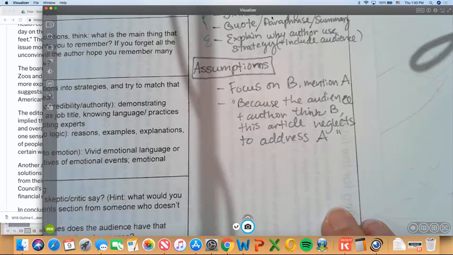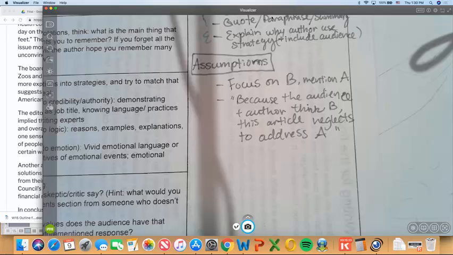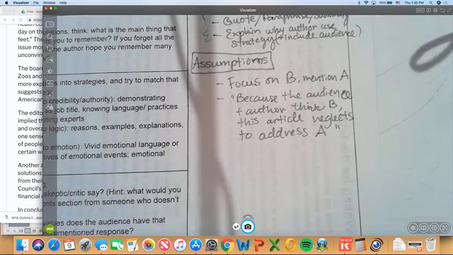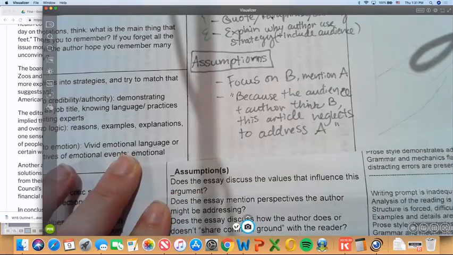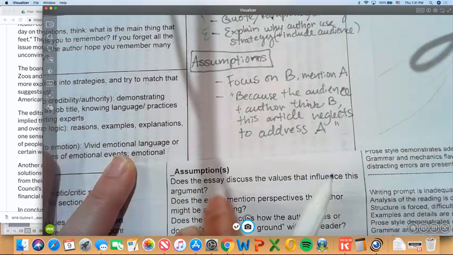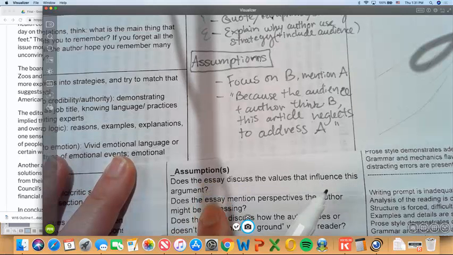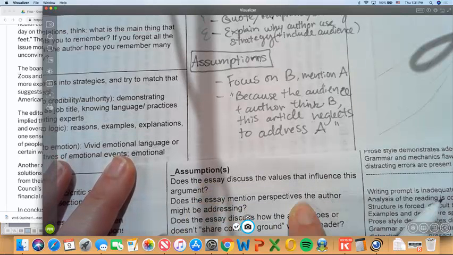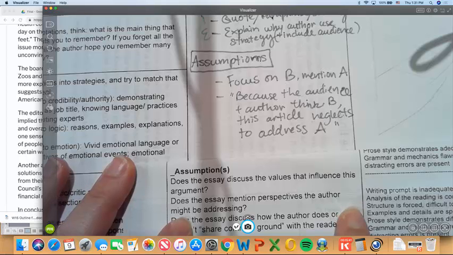Okay, so one thing I want to point out is the sheet that is being used for grading. I left out a very important word, which is right here when you're looking at the assumptions part. You have, does this essay mention perspectives the author might not be addressing?